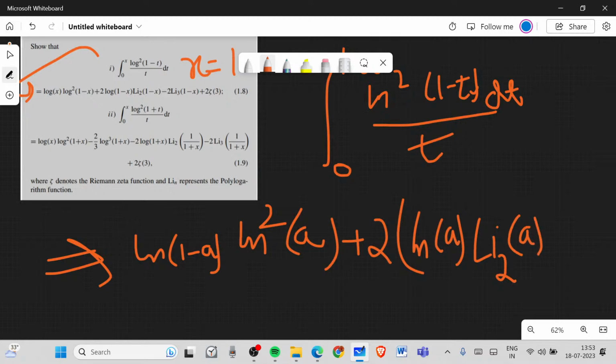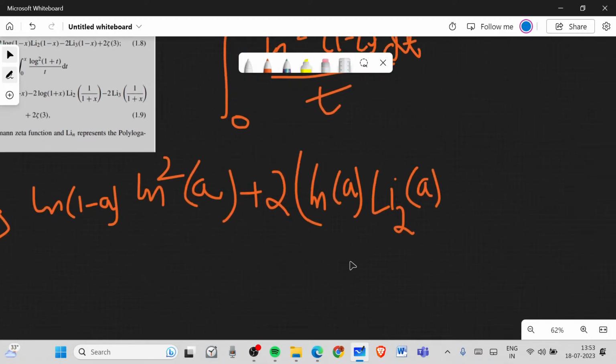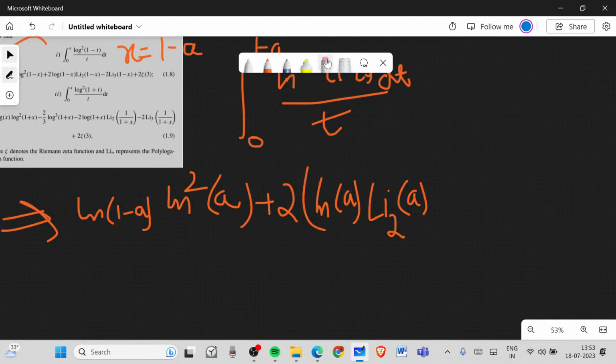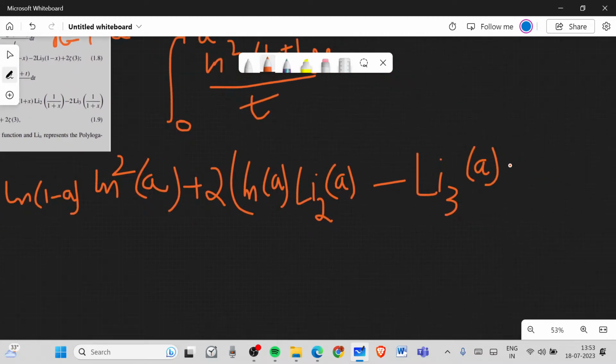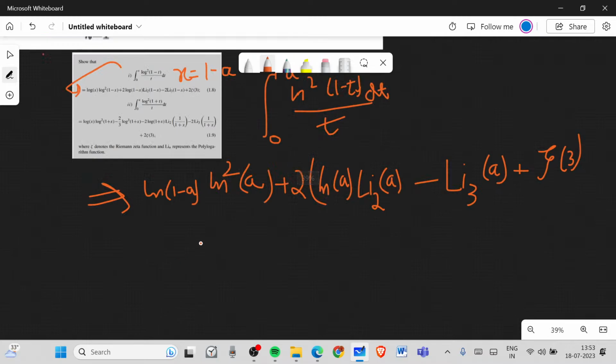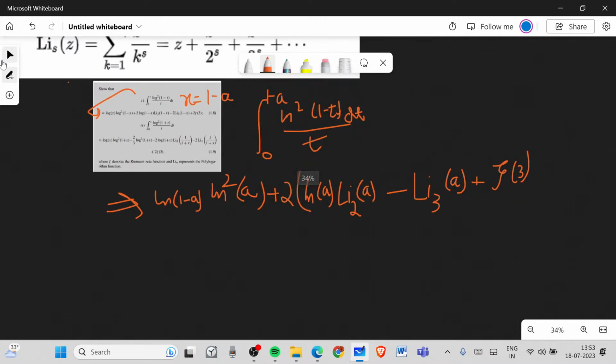Everything is going up in a. And this is seriously the hardest integral I've ever solved. Li2(a) minus Li3(a) plus zeta of 3. Oh, this is so ugly, the zeta I've drawn. So this is the thing we have to prove.